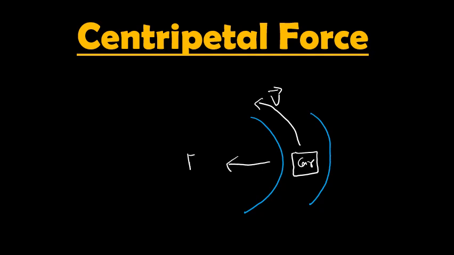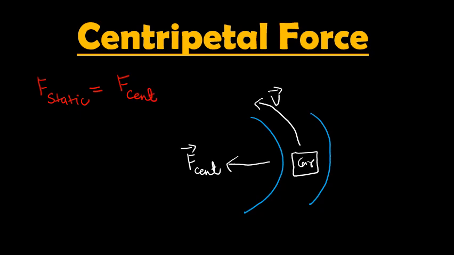Since the car is moving along the circle, the centripetal force on the car will be toward the center of the circular path, and the velocity is perpendicular to the force vector. In this situation, the force which is causing the car to move in a circular path is known as static force, F static, and this F static force is equal to the centripetal force.